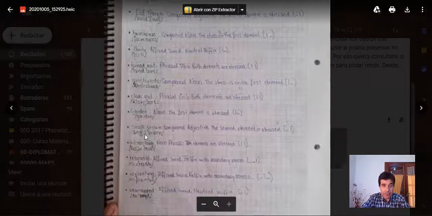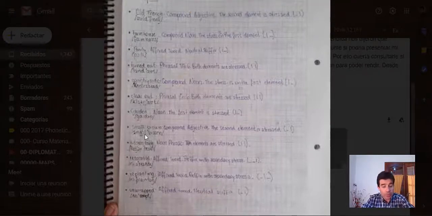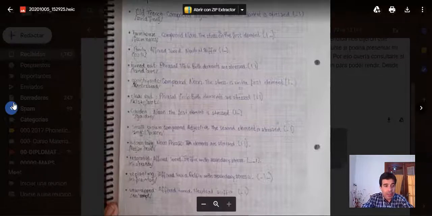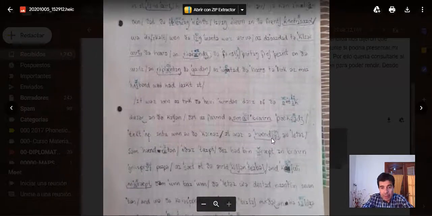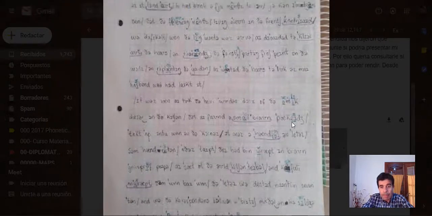I cannot zoom in because it is not possible. I don't know why. So that's why I asked you to use Cam Scanner. It is the app which makes clearer images. Take a look at this small brown. If you go to the original text, you have small brown package.